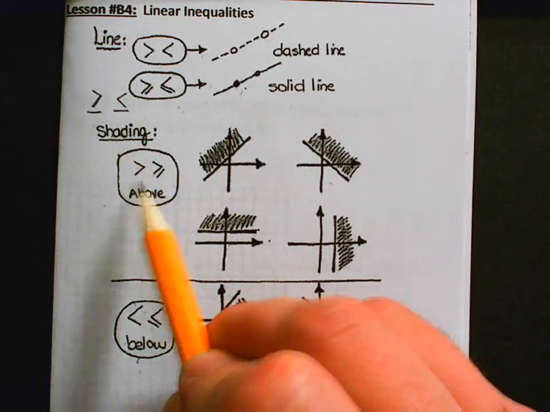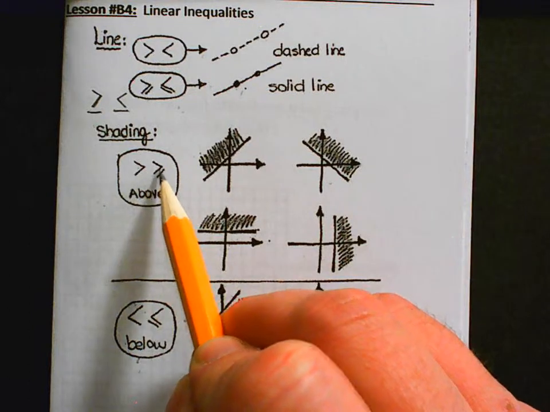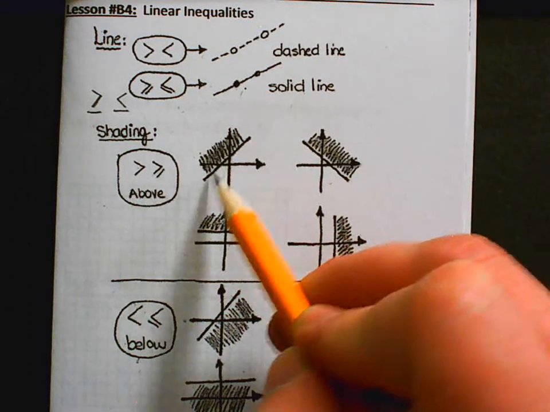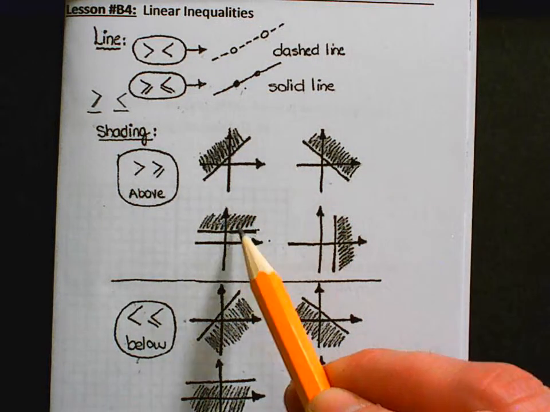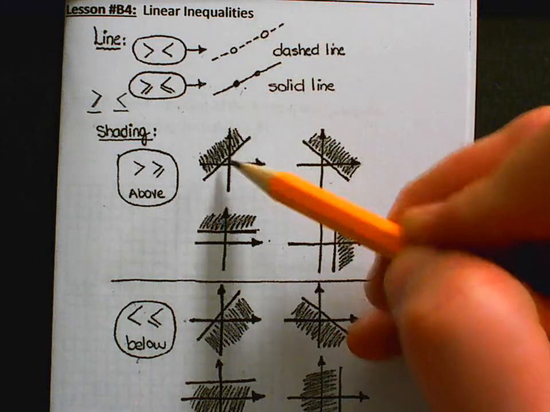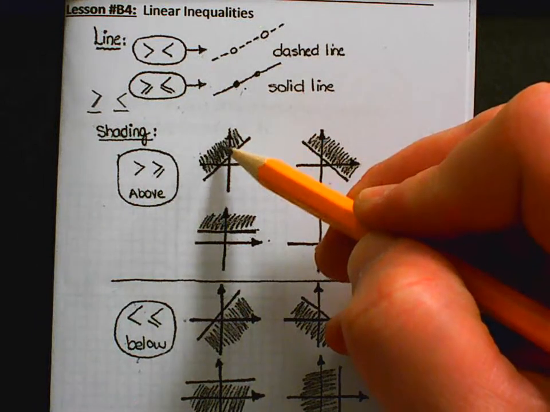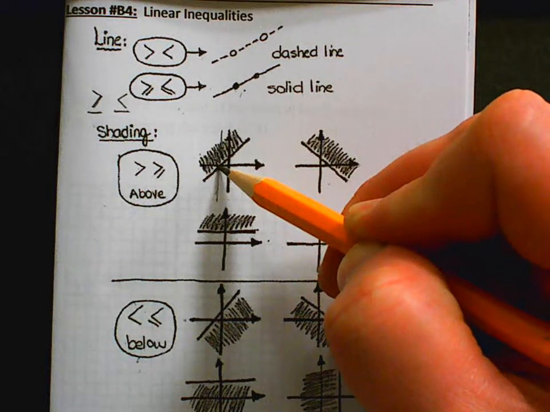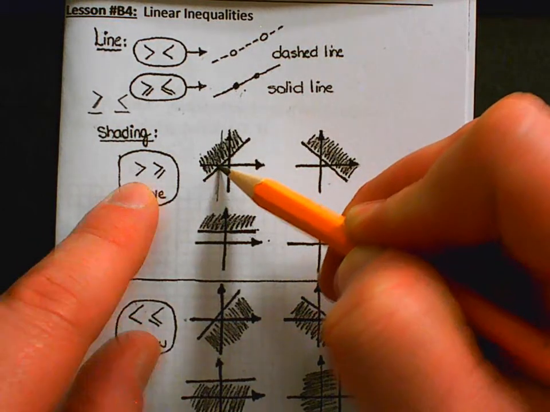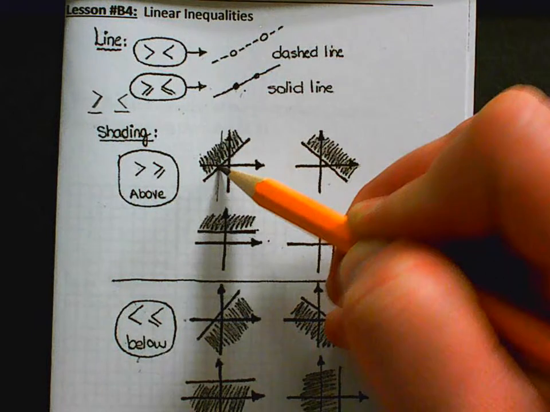Also, if you have the symbol greater than or equal to, you're going to be shading above the line. How do you decide if it's above the line? Draw a straight line like this, and here's the line, and you want numbers that are greater than this point that I'm pointing to.